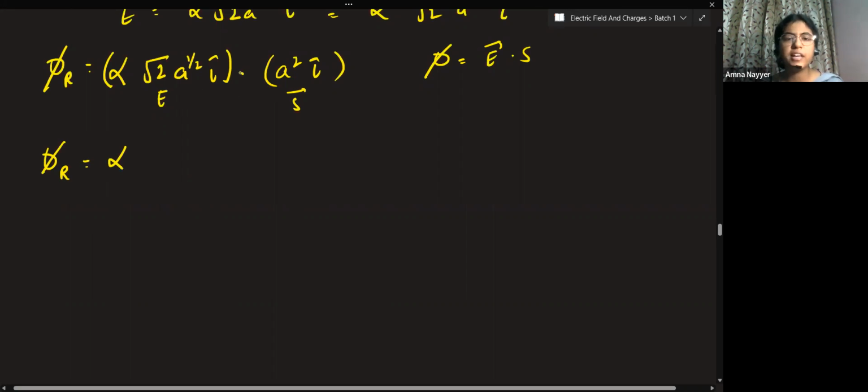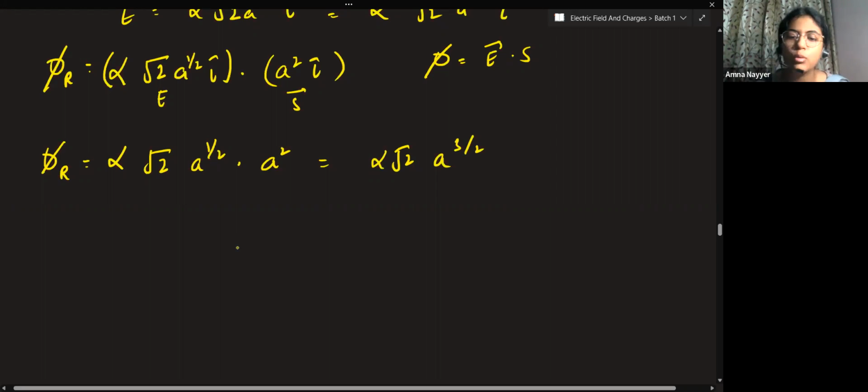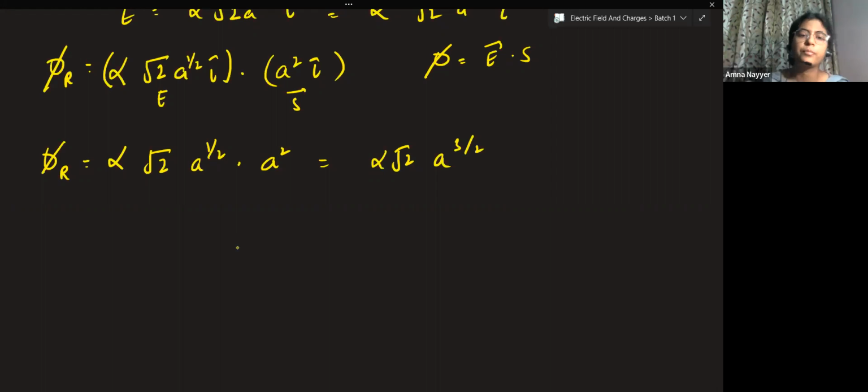This will be 5 by 2, this will be 3 by 2, a to the power half, this is root 2 a to the power half. I cap dot I cap will be 1, so it's simply multiplied with a square. This will be alpha root 2 a to the power 3 by 2. Is it clear for the right hand side face? Alpha root 2 a to the power 3 by 2.